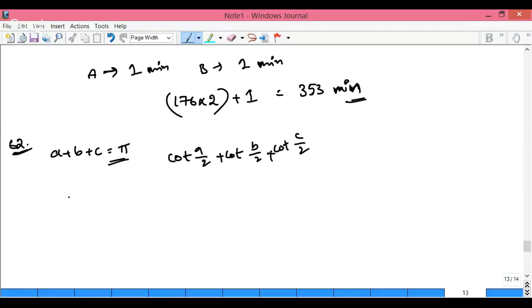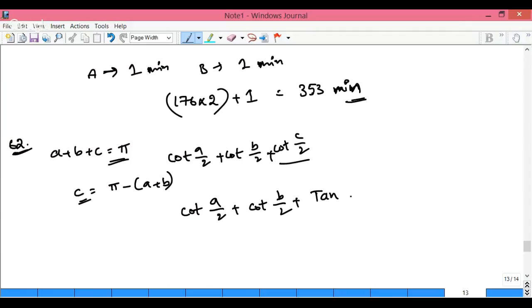From this we can write C as pi minus (A plus B). Substitute this value in the last term, cot C by 2. It will become tan of (A plus B) by 2.